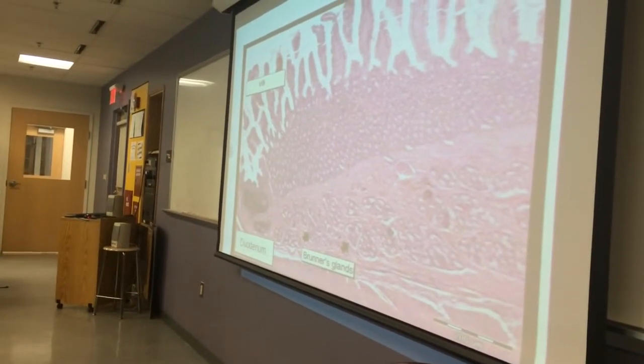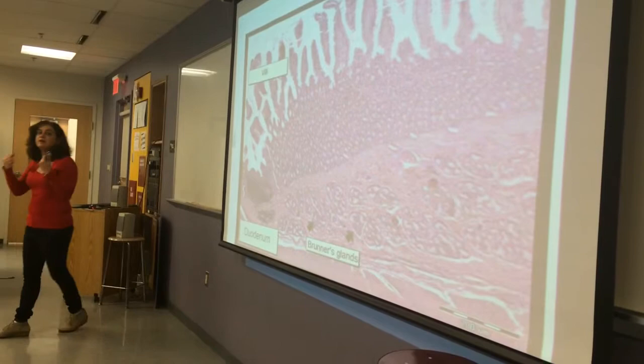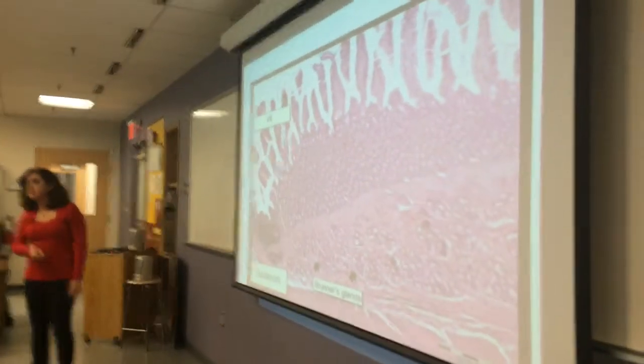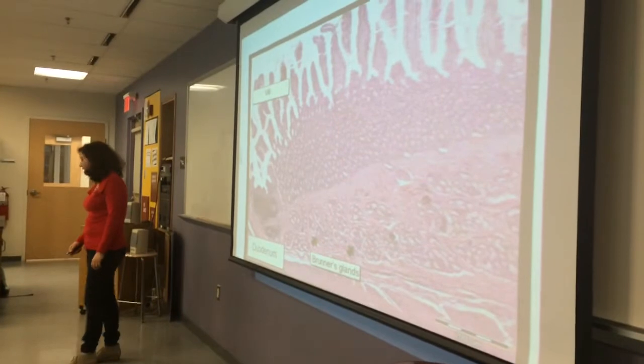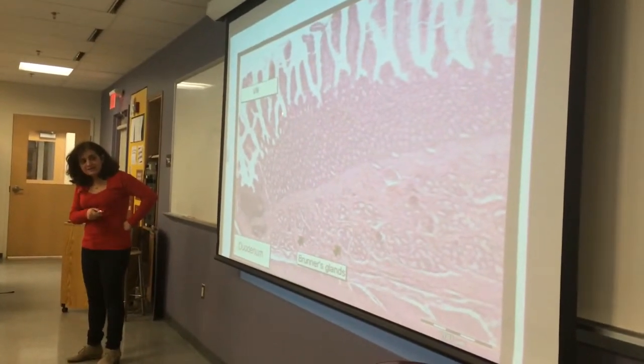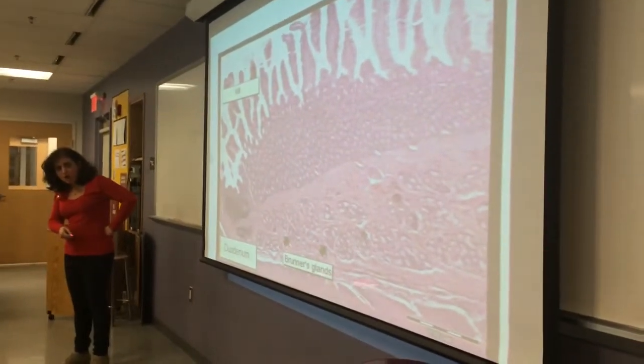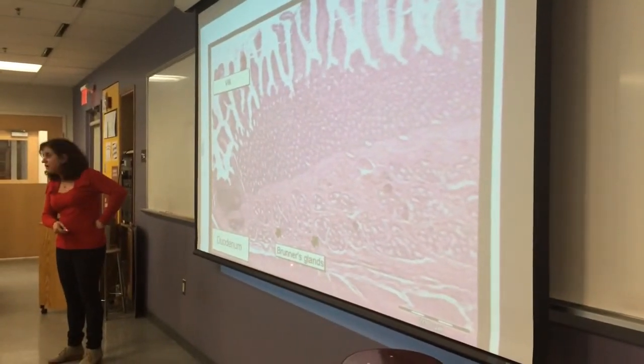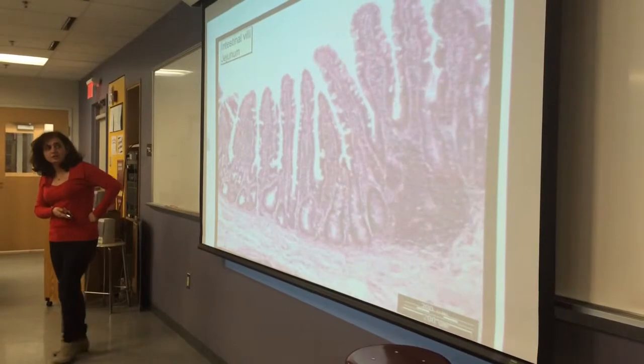For more surface area, for better absorption and also digestion, right? Like the stomach, the epithelial tissue here is simple columnar. And then here you have the glands. This is the mucosa. And then under it, where you can see these round glands, it's the submucosa. Muscularis will be under it, and then you have the serosa.